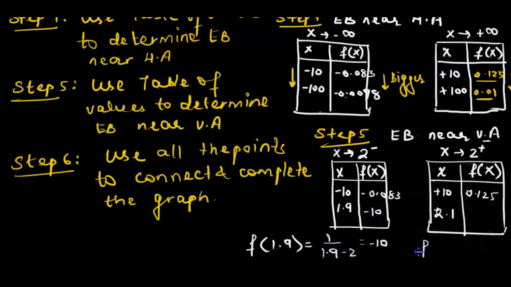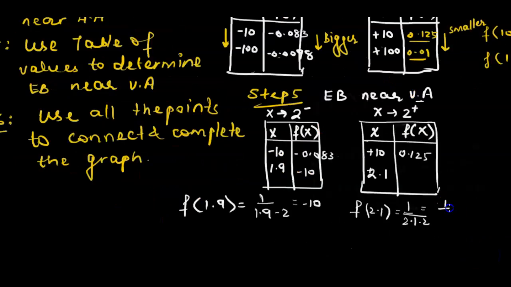Whereas on the right side, when we solve for f of 2.1, we get 1 over 2.1 minus 2. That is equal to 1 over 0.1. That is a 10. So from here we notice that when we're on the left side of the vertical asymptote, from negative 10 to 1.9, the value becomes a big negative value.